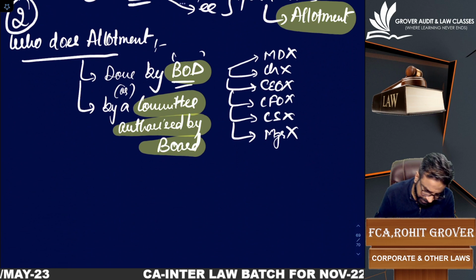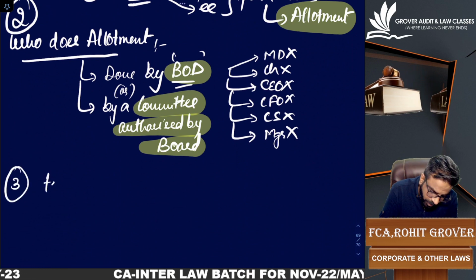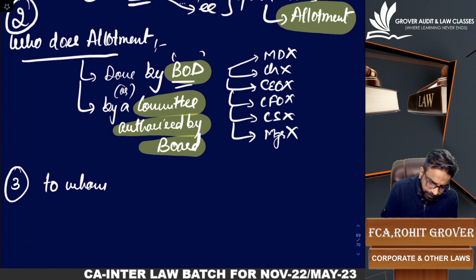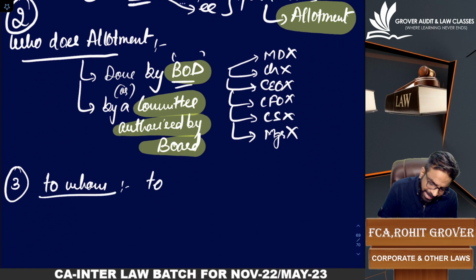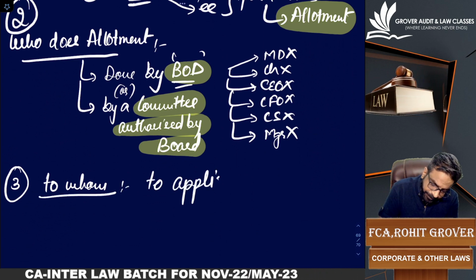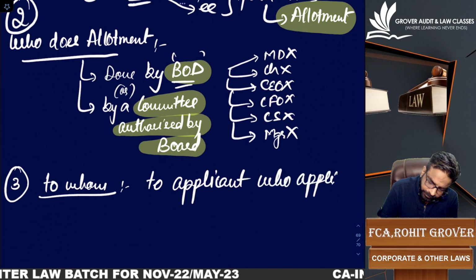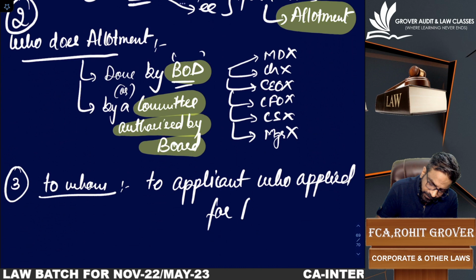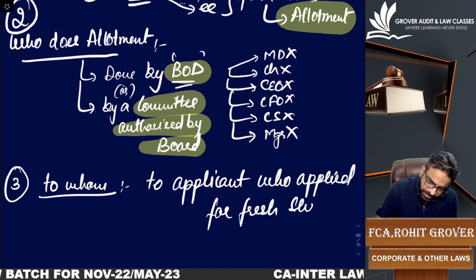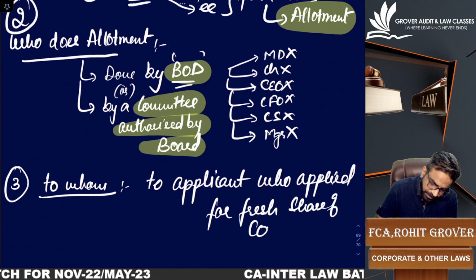Next, point number 3. To whom is allotment done? Allotment is done to the applicants who applied for fresh shares of the company.